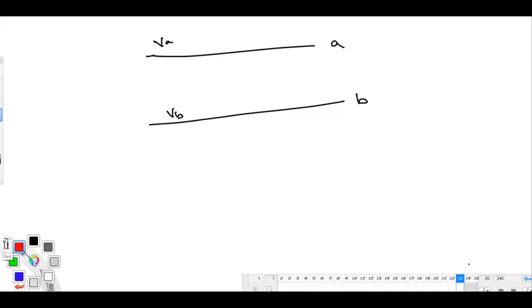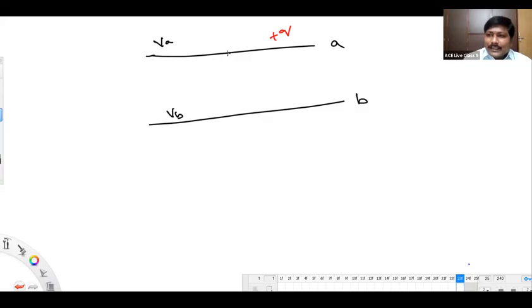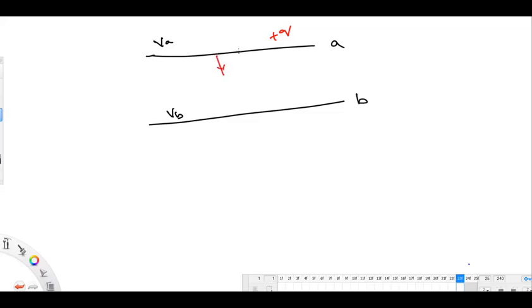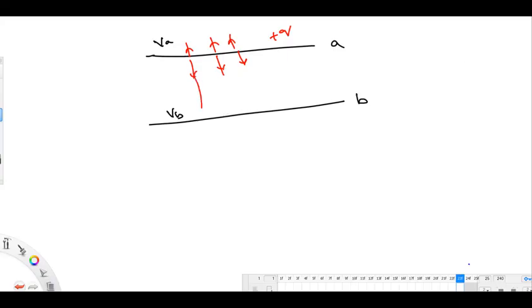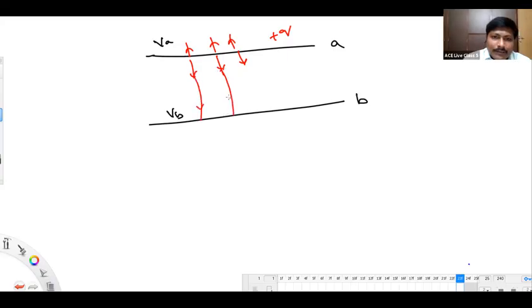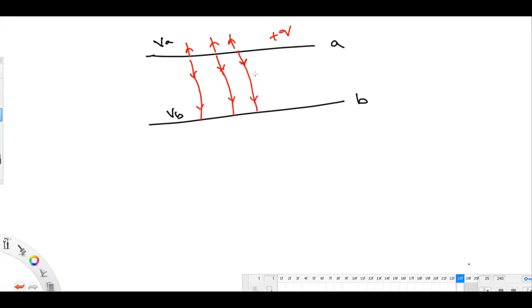And it will be acting as a line charge. Because of this charge, it will be leaving electric flux lines radially outward. So these are the electric flux lines leaving radially outward, and these electric flux lines will terminate on conductor B.